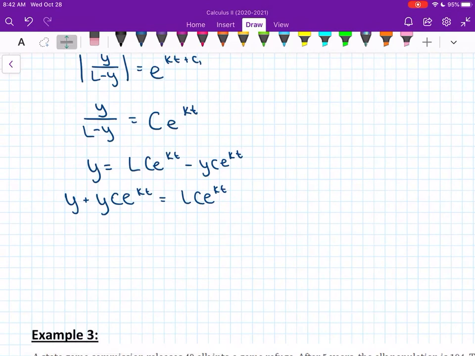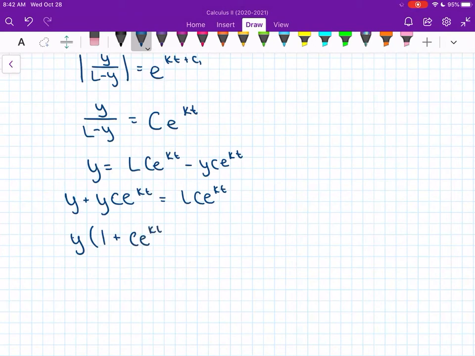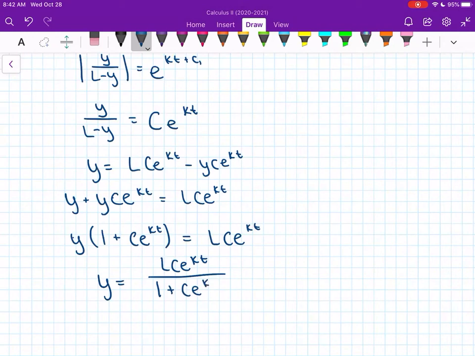Then I'm going to factor out that y. And then I get y times the quantity 1 plus C e to the kt equals L C e to the kt. Go ahead and divide. Now I get y equals L C e to the kt divided by 1 plus C e to the kt.